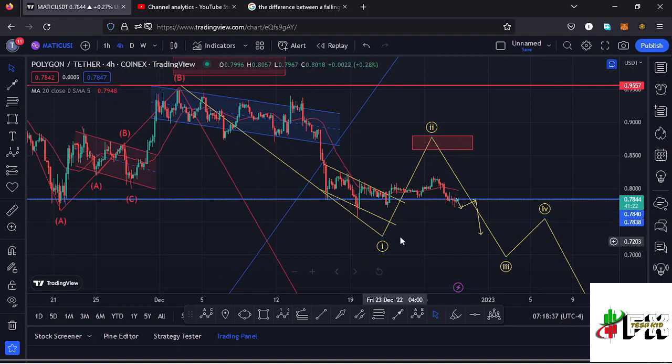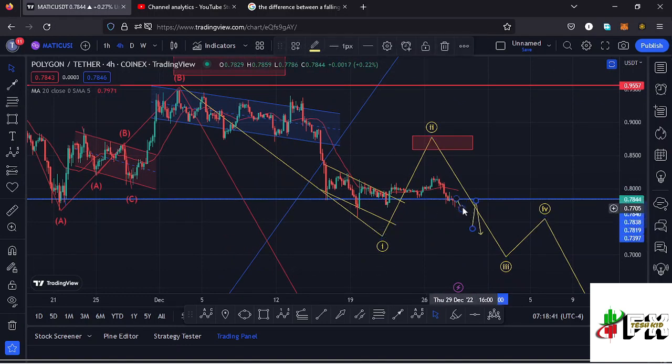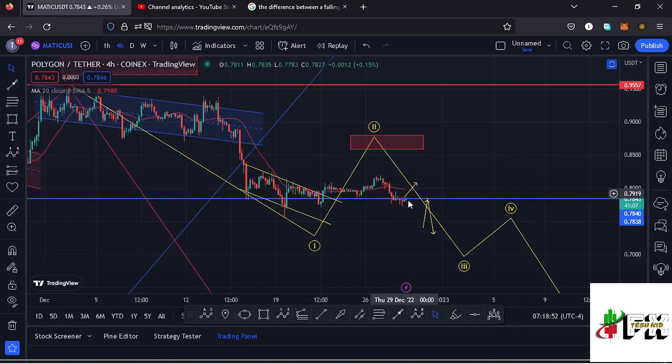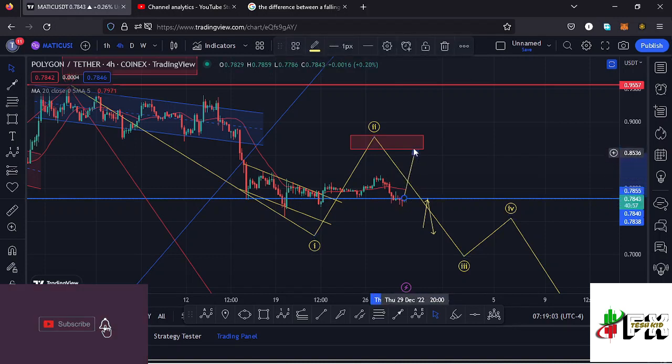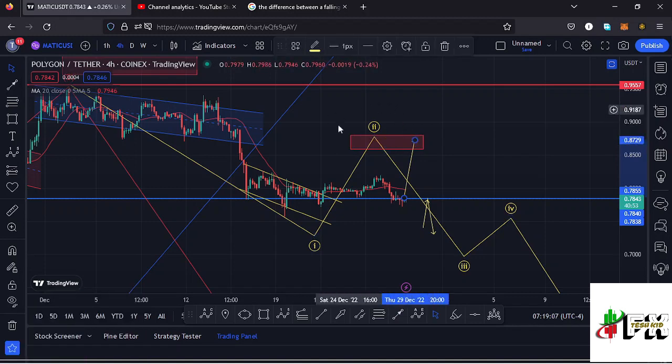But assuming that the low is in, there are chances that we might continue holding above the key area of support at around the $0.78 mark and see a bit of a recovery from the prices that we are trading within, manage to break above the 20-day MA and continue pushing even higher given the support of the 20-day MA to fully maximize this target area in the formation of that wave B, that is the formation of that second wave.